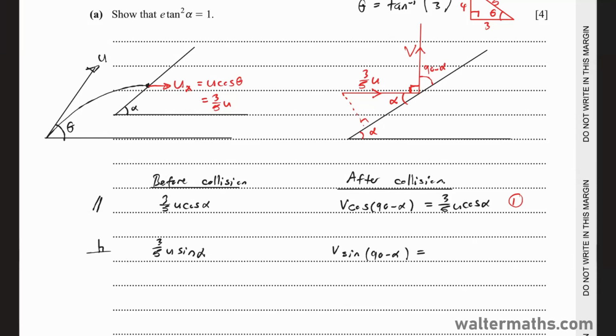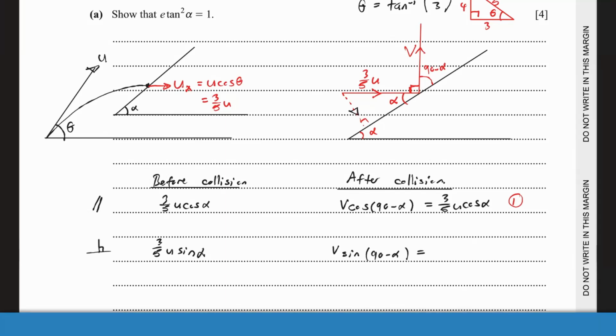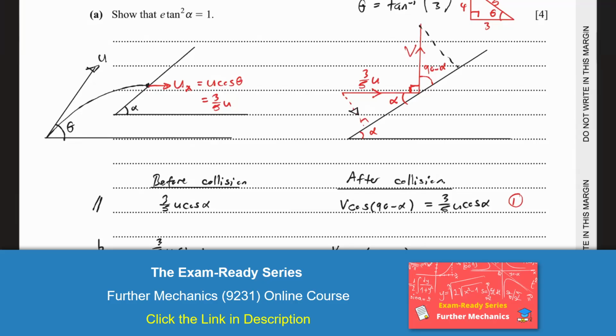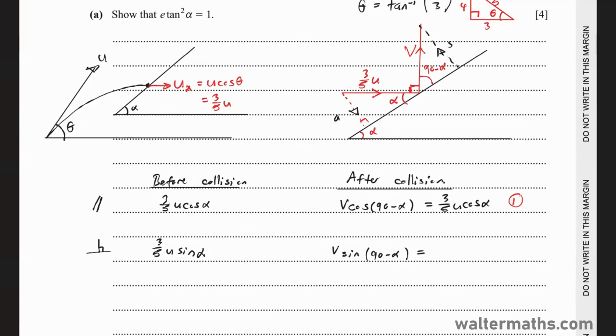Because one component is approaching and the other is separating, they obey Newton's law of restitution. So the relative speed of separation equals E times the relative speed of approach, which is the approaching component, so E times 3/5 u sine alpha.